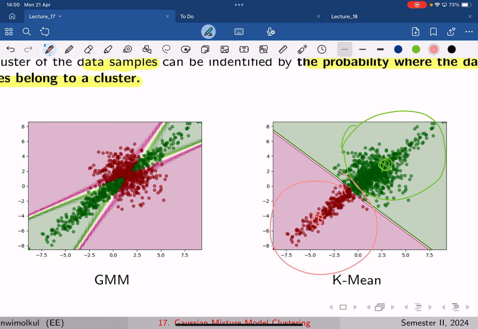But it doesn't really shift the clustering towards the data distribution, because K-means uses just Euclidean distance. There is no density awareness inside it. It just says whatever is closest to the centroid is going to be the points belonging to that cluster.